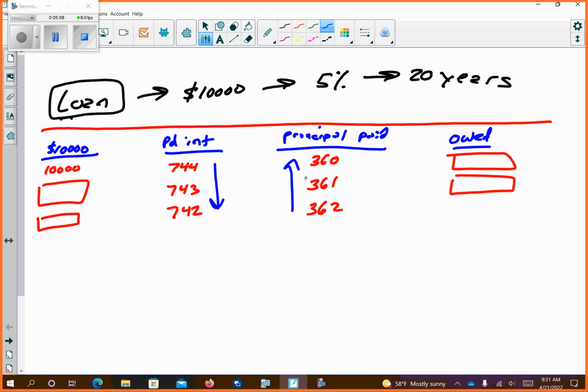Let's say the payment you're making each time was $1,000. The 10,000 is dropping down, but somewhere in that $1,000, a certain portion is going towards the interest, a certain portion is going towards the actual principal. And again, that's how they make money hand over fist.